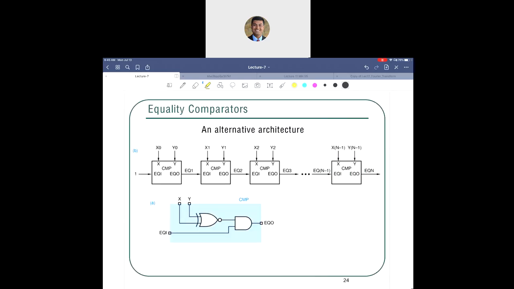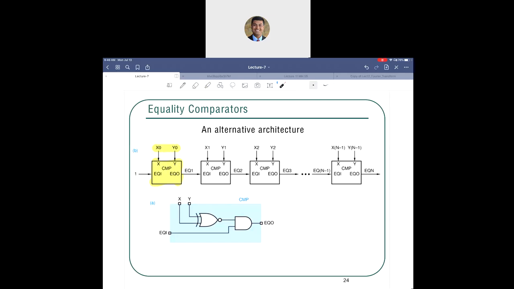Now in terms of equality comparators, you can also look at it in terms of an alternative architecture. What is that alternative architecture? You can have a 1-bit comparator here which compares the least significant bits x0 and y0, and you have an equal input and equal output.